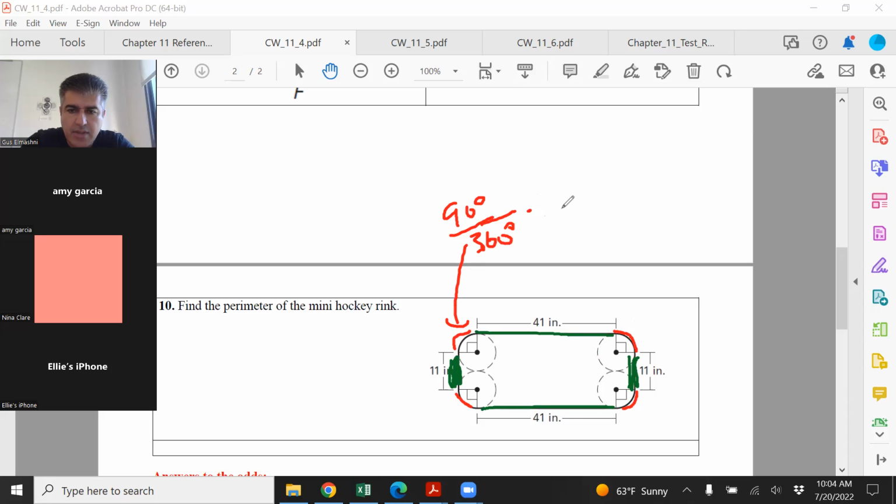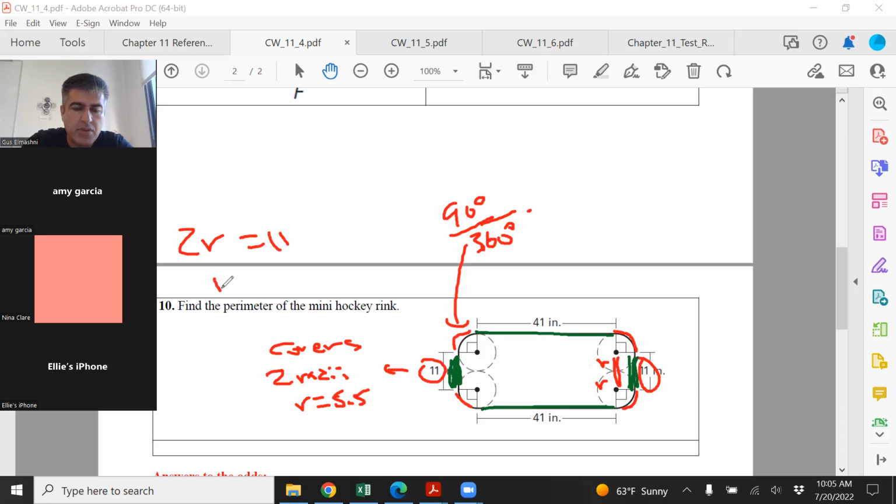And now it's not obvious what the radius is, but 11 covers 2 radii. So it means the radius is going to be 5.5. Because you have 11 here, covers this, right? So it covers the radius twice. So 2r equals 11. So r is 5.5.